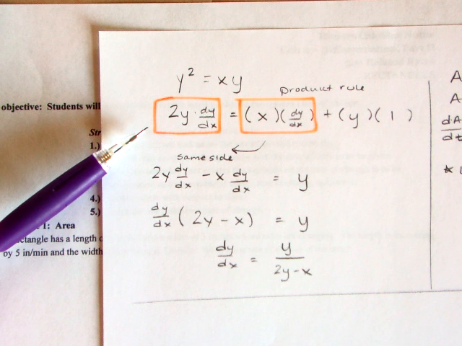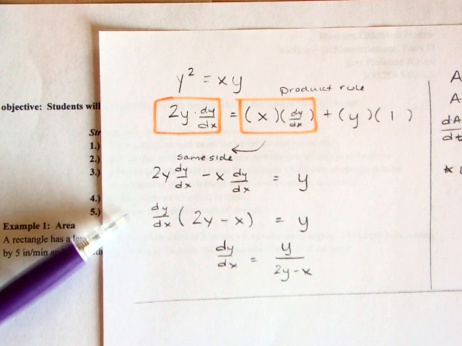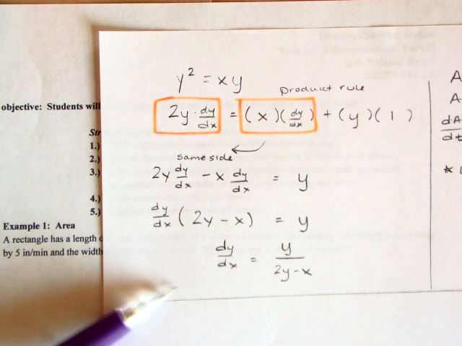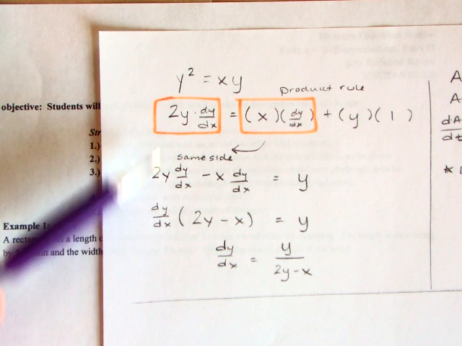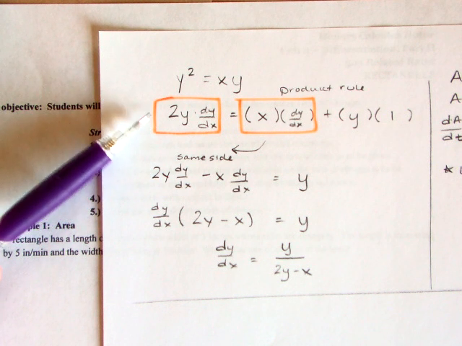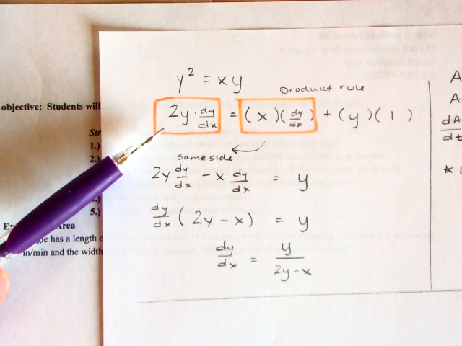We then would use algebra to rearrange the terms, put all of the dy dx terms on the same side, GCF the dy dx, and ultimately solve for our derivative. Today we're going to use a similar process of dy dx attachment, but we're not necessarily going to use the letters x and y.